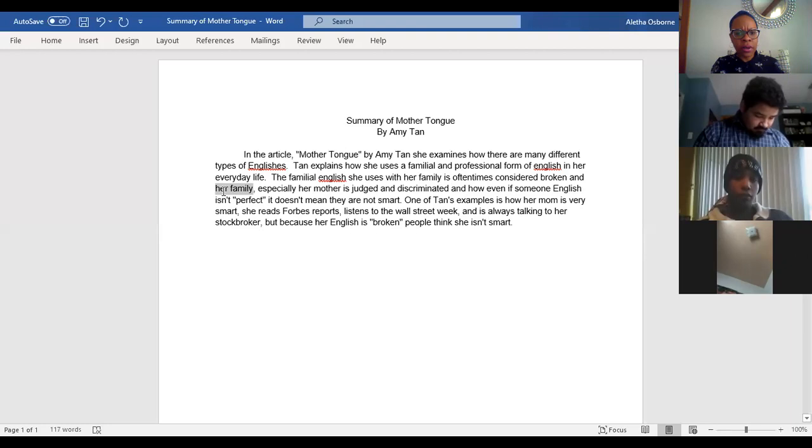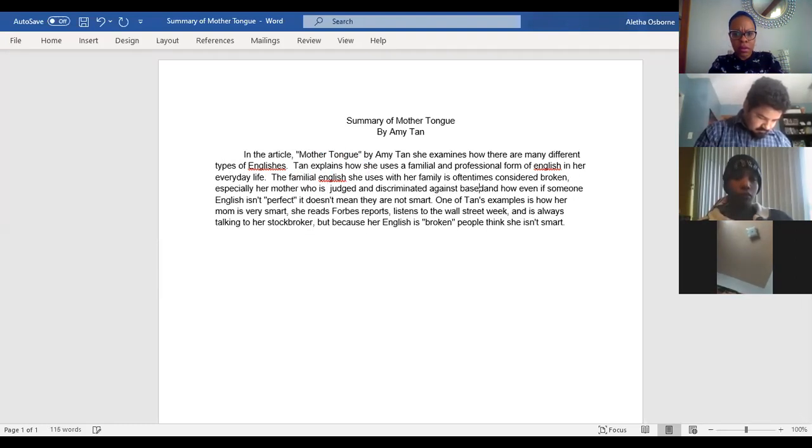Especially her mother is judged and discriminated by her use of this broken English. Should we say that? Her mother is oftentimes considered broken, and especially her mother was judged and discriminated. I'm just going to say who's judged and discriminated against.